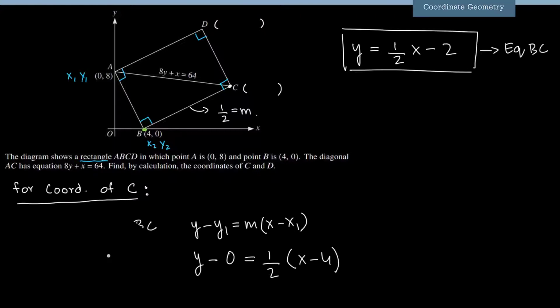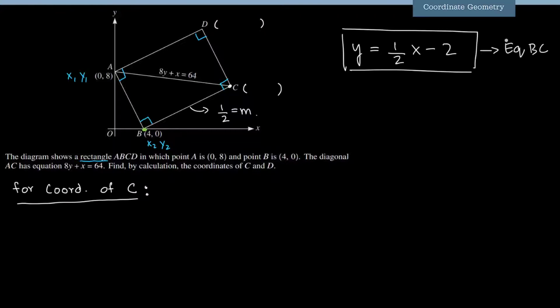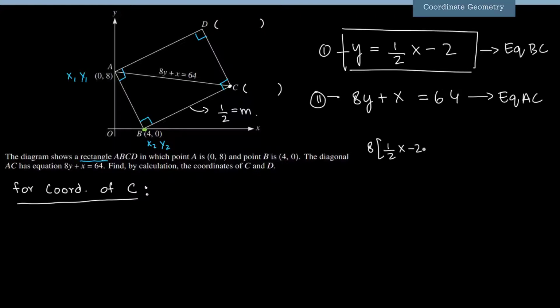Now for the coordinates of point C, I am going to solve this equation and the equation of line AC simultaneously. The equation of line AC is 8y + x = 64. Now solving these two by substitution, if this is equation 1 and this is equation 2, substituting equation 1 into equation 2 would give me 8 times ((1/2)x - 2) + x = 64.